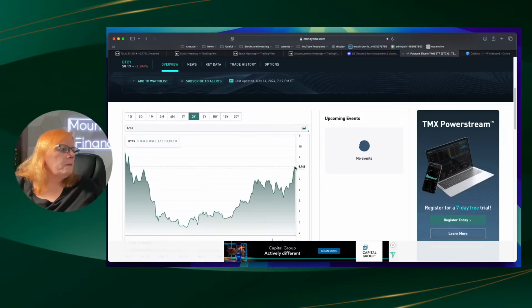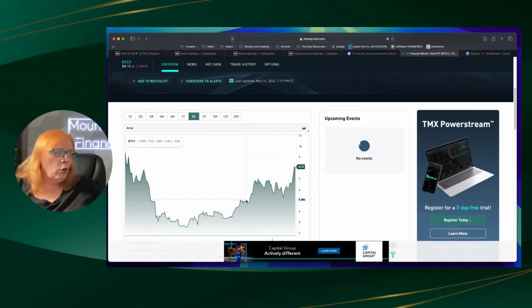And you'll notice that this was still higher here. So even as Bitcoin caught back up and passed all the all-time highs, this security never caught back up to where it was before. That's because every time Bitcoin had a major pump, that strike price was being hit.